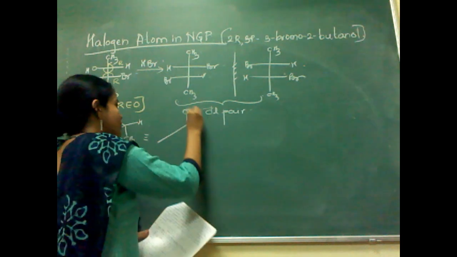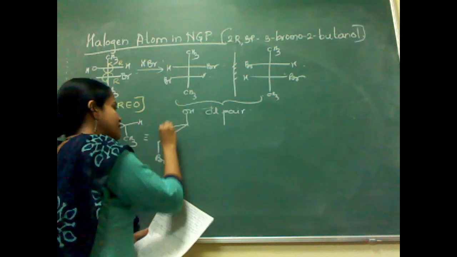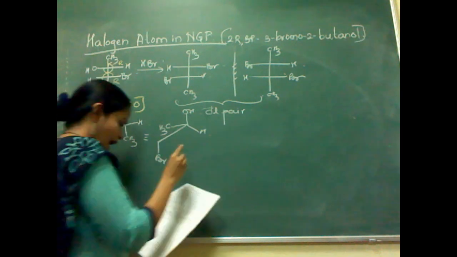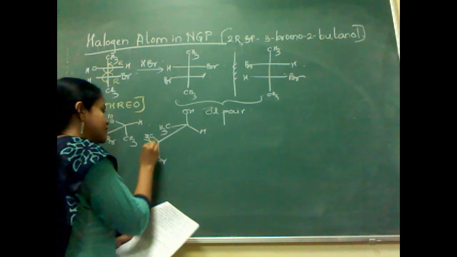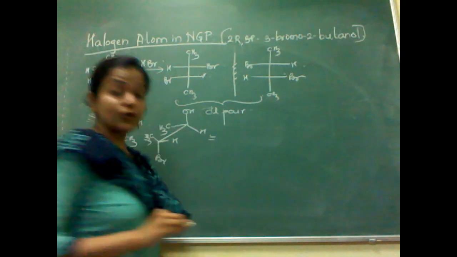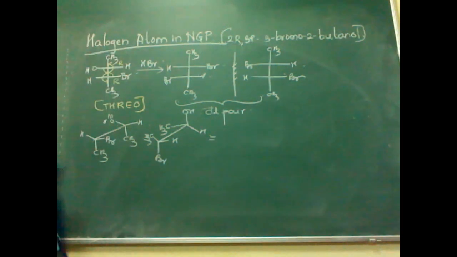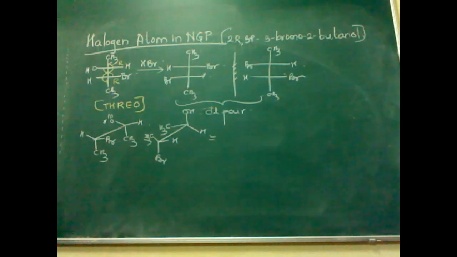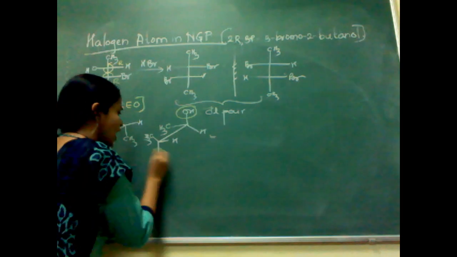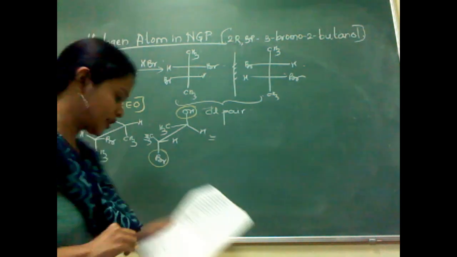So you have this OH, you have this bromo group. So this is CH3, this is hydrogen, then you have this CH3, you have this hydrogen. Now you can very well see the OH group and the bromo group are anti with respect to each other.